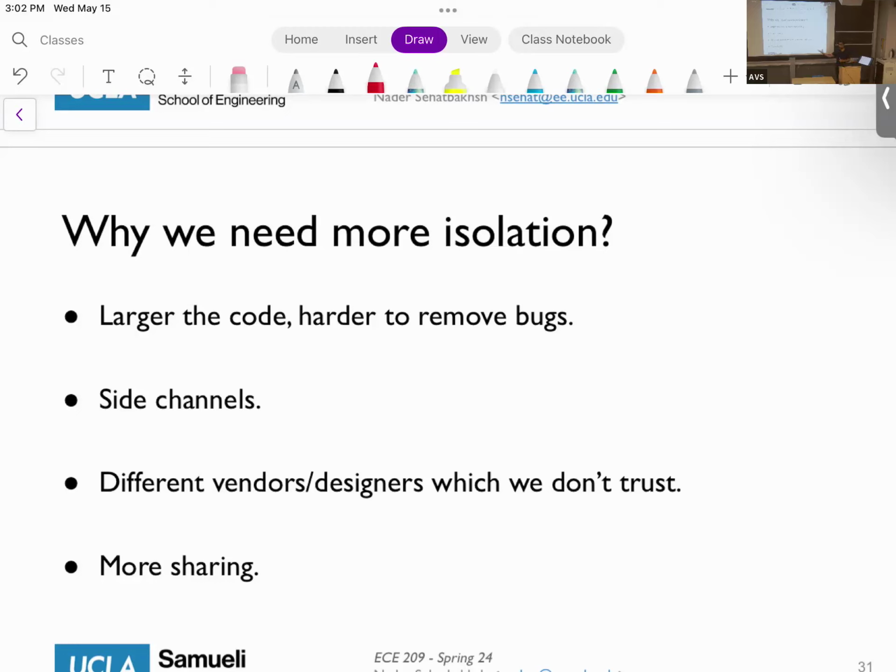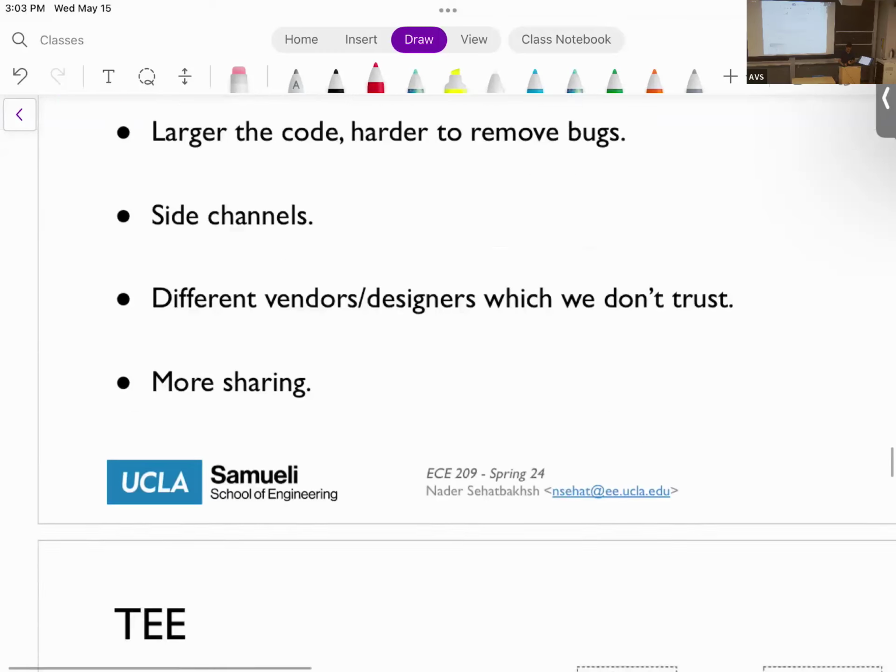So maybe I can build my trusted execution by just one vendor and let others fight over the non-trusted execution. And there is tons of sharing happening, again, on the non-trusted part. Because of all of these things, I need more isolation. Since I'm moving toward more sharing and bigger, scaled systems, now is the need to have this secluded area for more security.